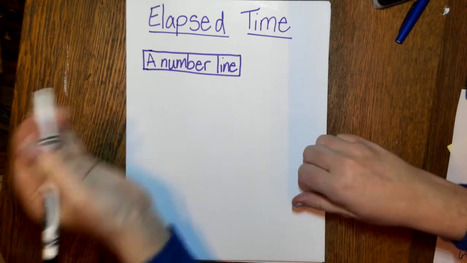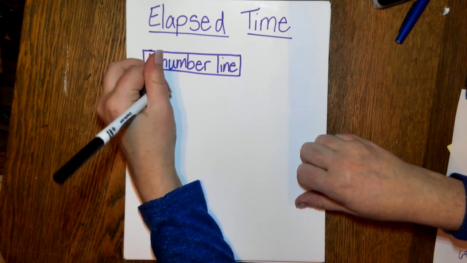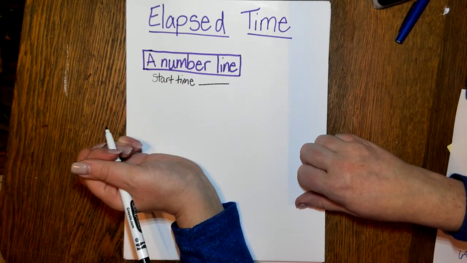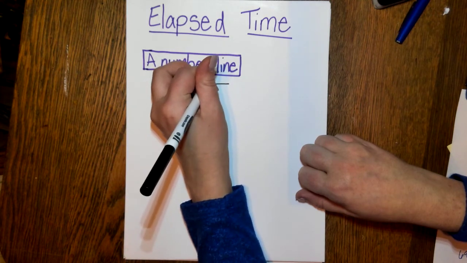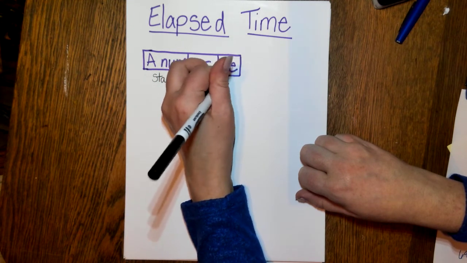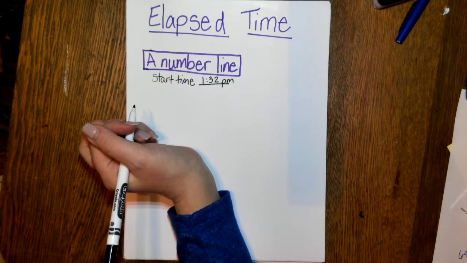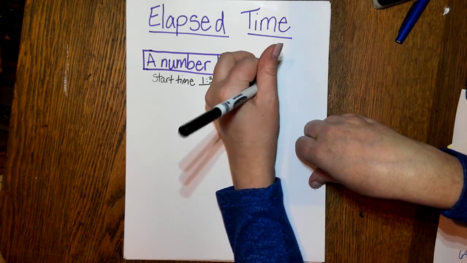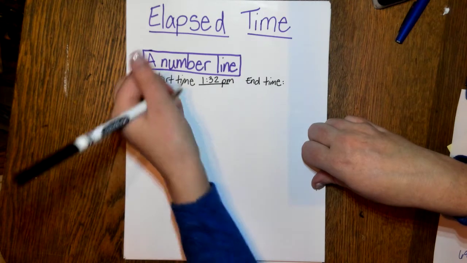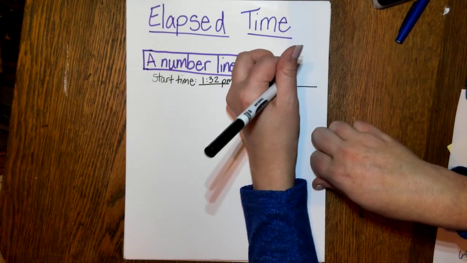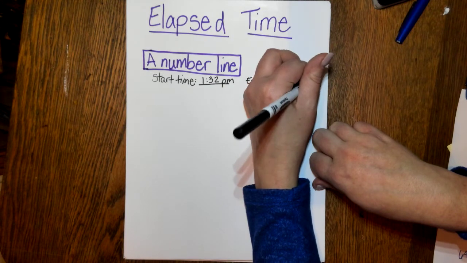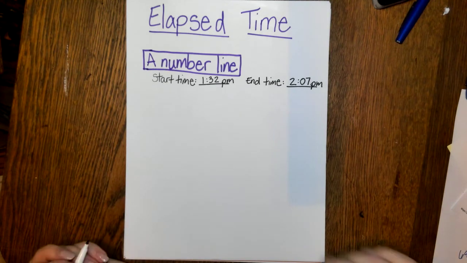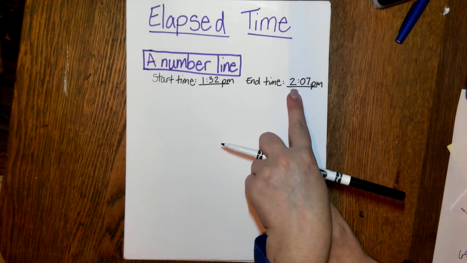So, if I know that my start time was 1:32 p.m. And I know that my end time is 2:07 p.m. I can use a number line to show how much time has passed.